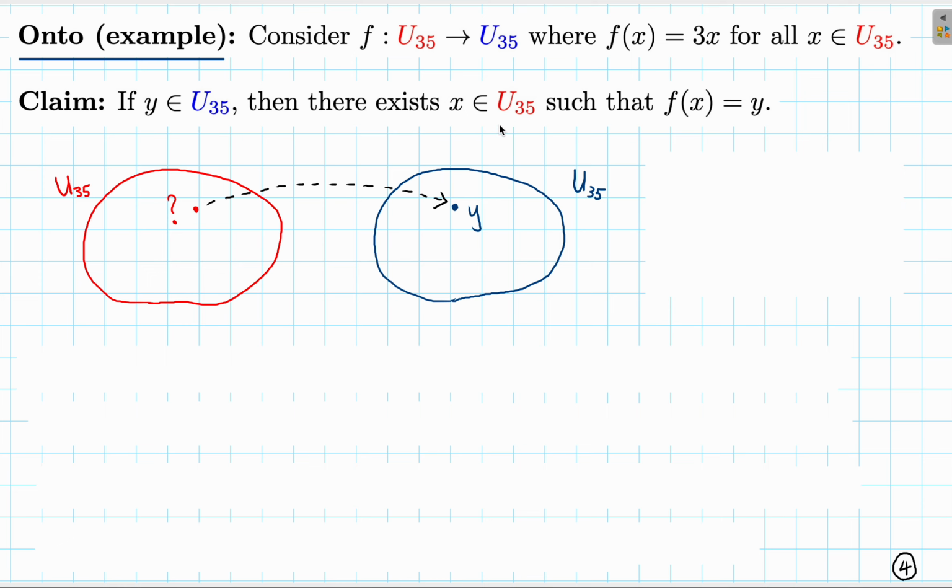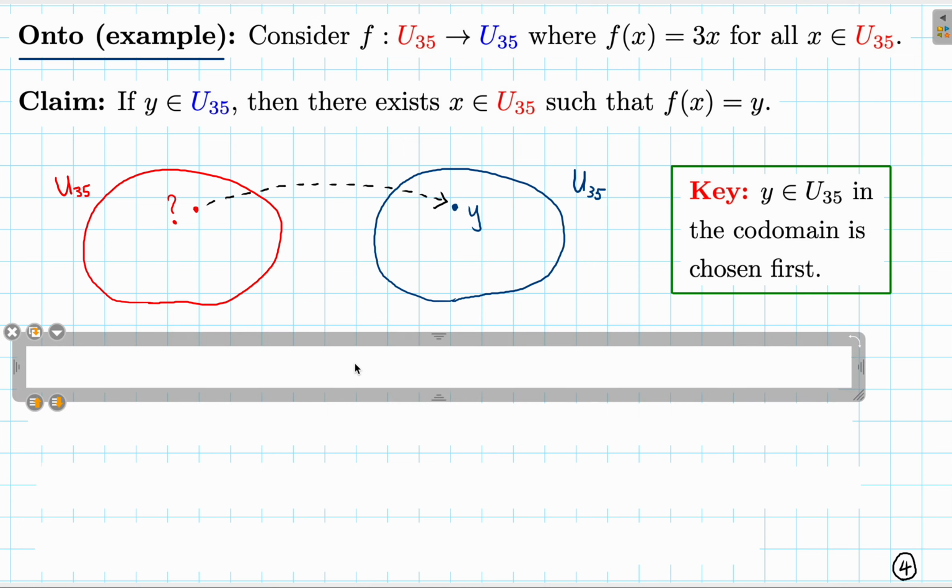And so if someone hands you any element y in the codomain, then we have to show that we can produce some element x in the domain that gets mapped to the given y. And so let's go through the proof of this particular claim.